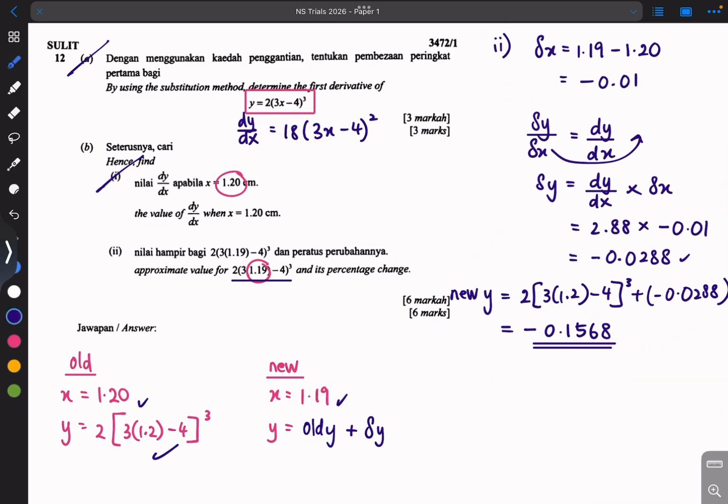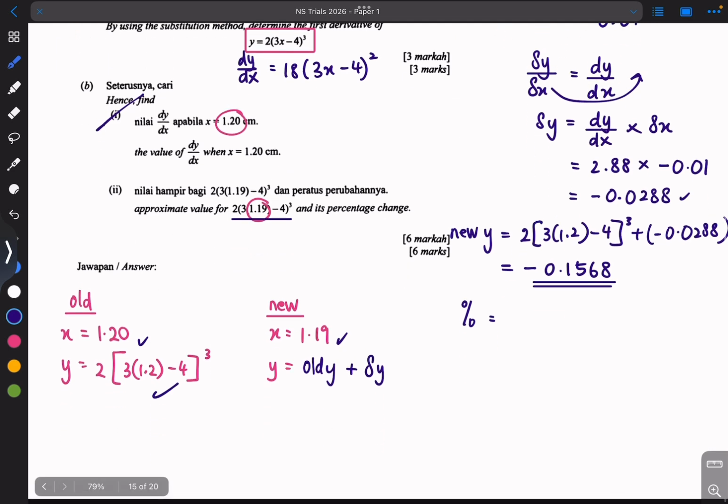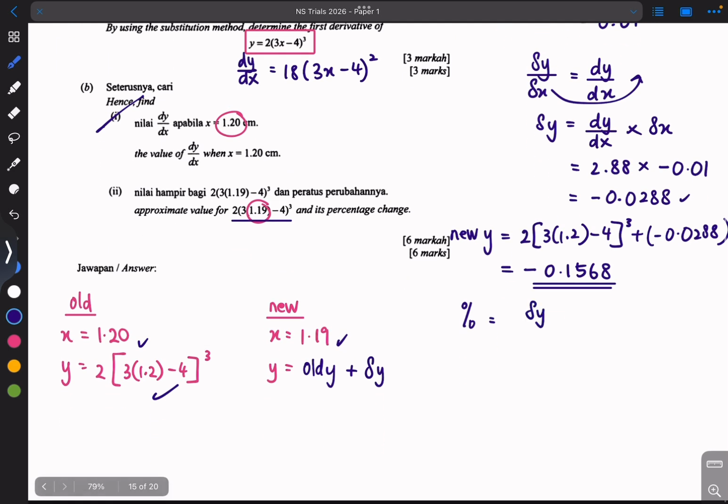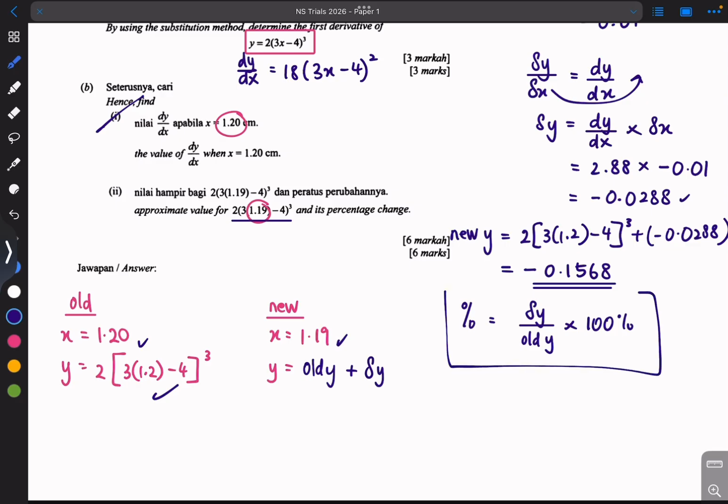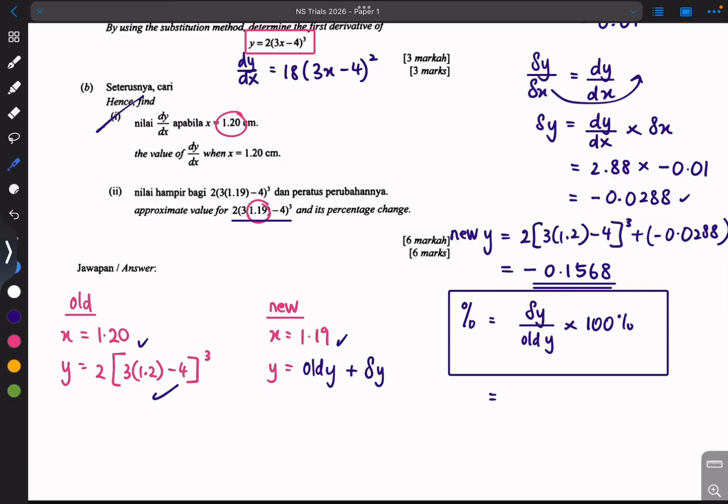Okay, so percentage change will be the change in y, delta y, over the original y, the old y, times 100%. This is the formula to find percentage change. Delta y we already found just now, negative 0.0288. Old y is this, so we put this here, times 100%.